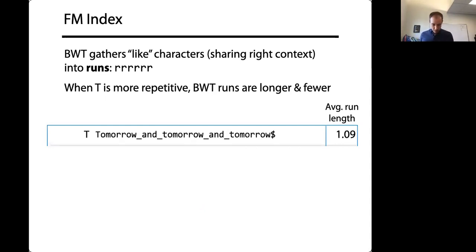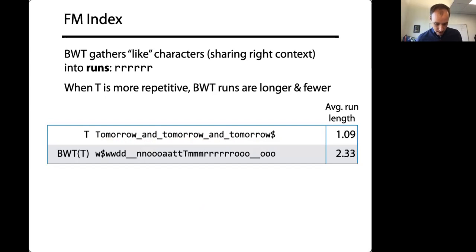Here, for example, is another string, and I'm about to take its Burrows-Wheeler transform. It's clearly very repetitive, right? You learn a lot about what character you'll find based on its right context, right? So if I take that and apply the BWT to find the transformed version of that string, I get something that has nice long runs in it, right?